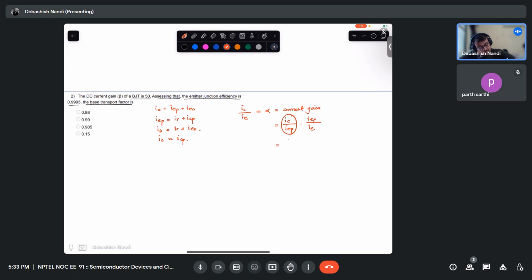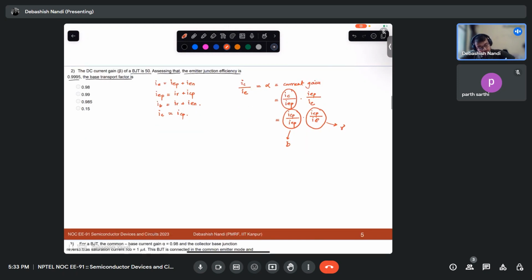This quantity is nothing but ICP over IEP, and this is IEP over IE. So this quantity is your B, the base transport factor, and this quantity is your gamma, the emitter injection efficiency. So we see that alpha is equal to gamma times B. What is alpha? Alpha is IC by IE.